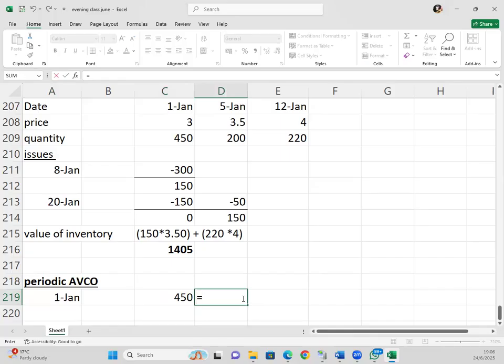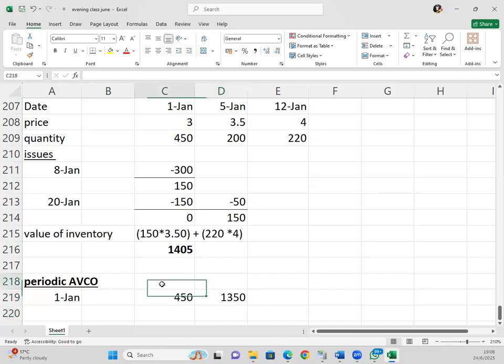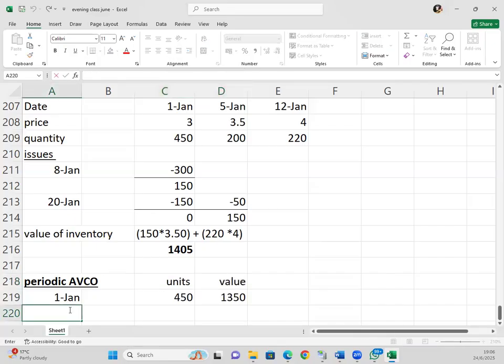It was 450 at $3, right? So you have your total there. These are the units, and this side is the value.